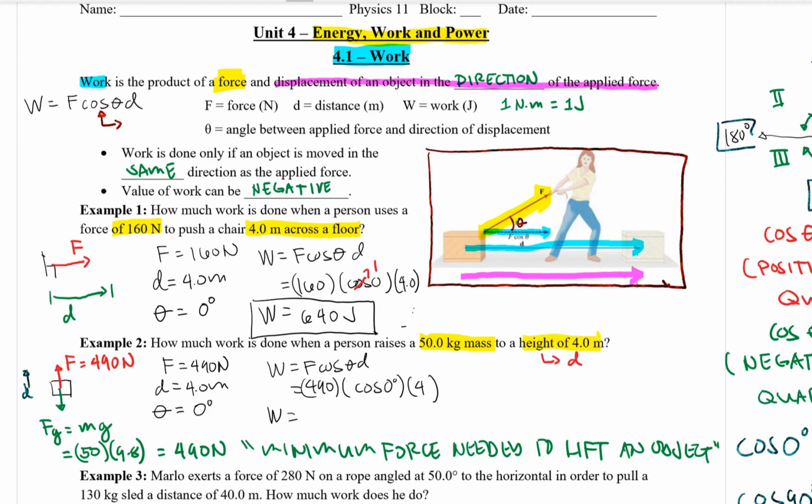So work is equal to, again, cosine of 0 degrees is 1, so that would be 1960 joules, or in the correct number of significant figures, 2.0 times 10 to the power of 3 joules. So this is the work done in lifting an object.